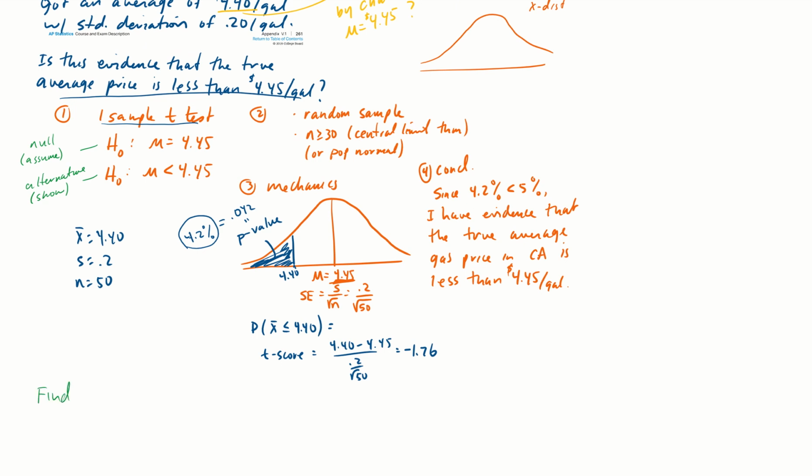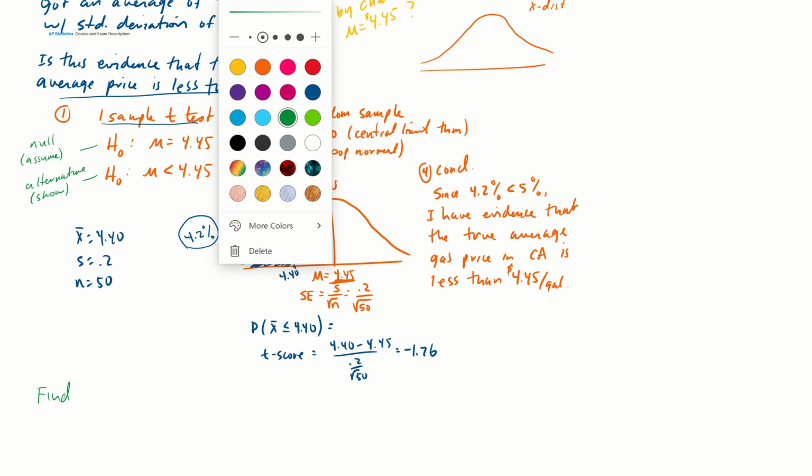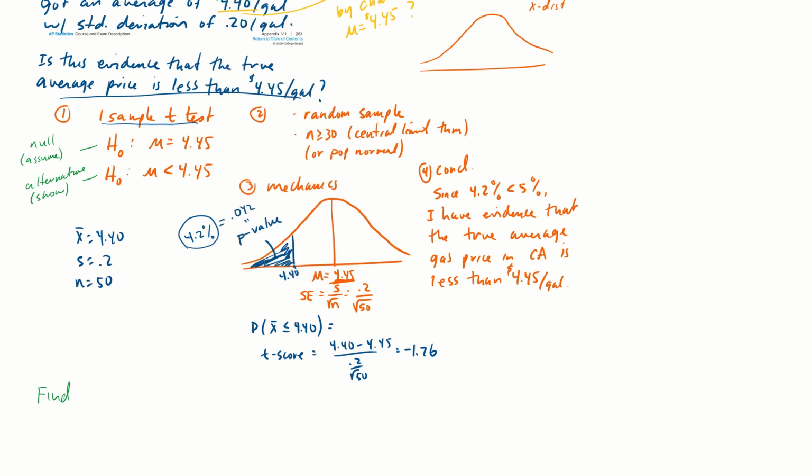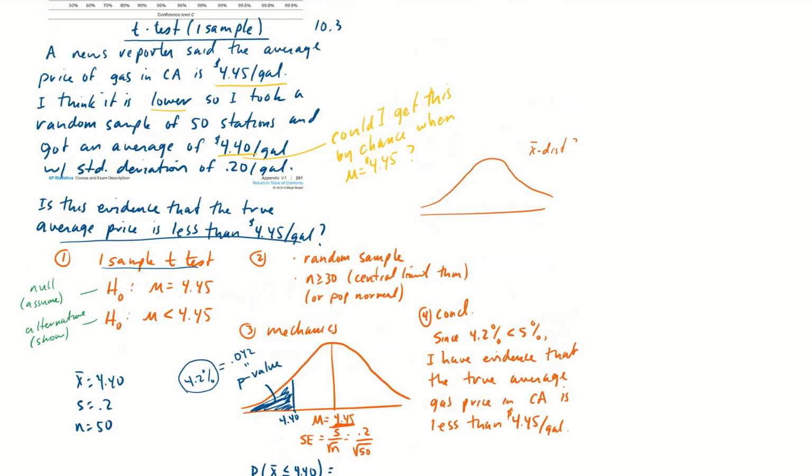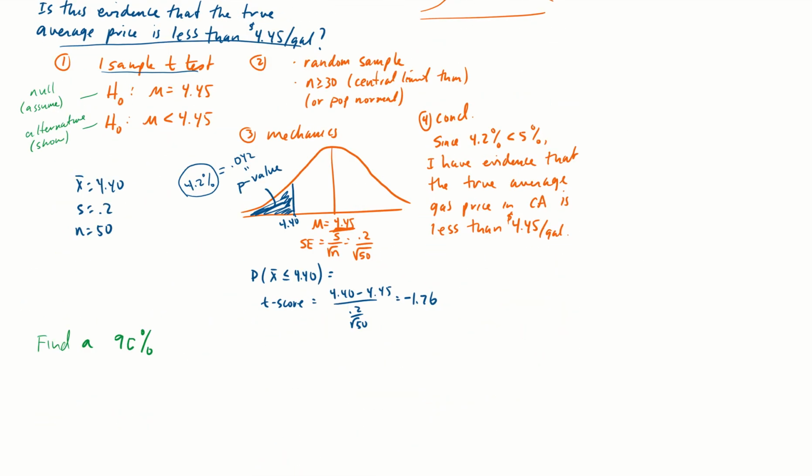Let's find a 90% confidence interval for mu, the average price in California.